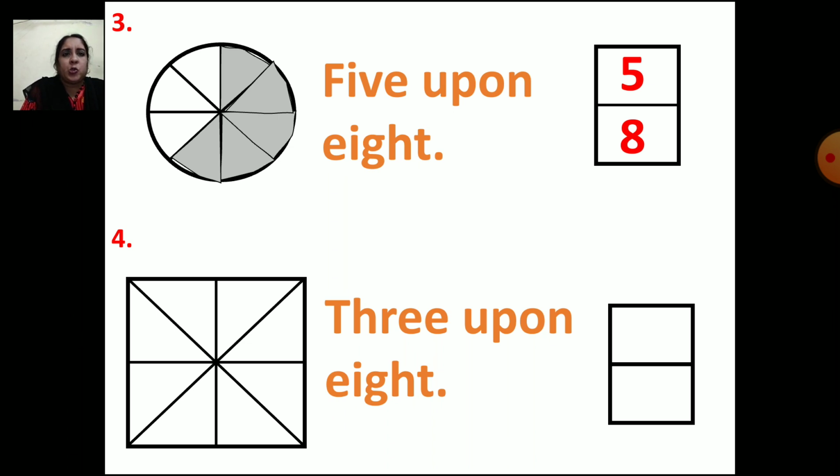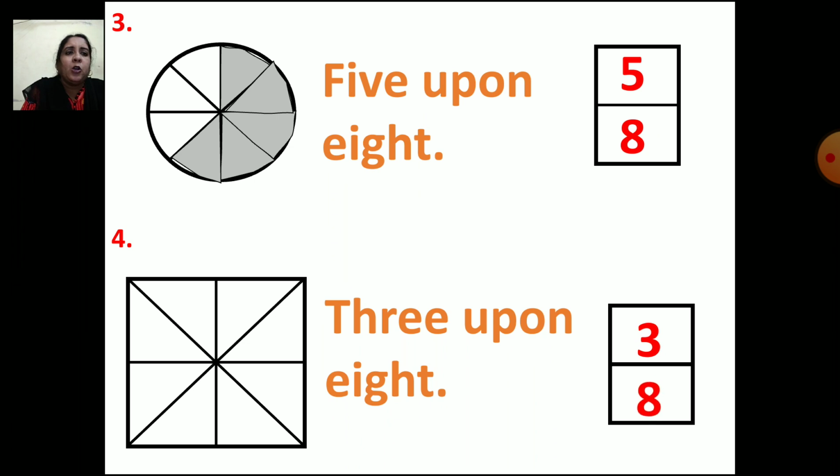Now the next question. It is the shape of a square, right? It is divided into how many parts? Count the parts. 8 parts. What is written there? 3 upon 8. Now you have to write this 3 upon 8 in the form of a fraction. How are you going to write it? Which number will come up? 3.